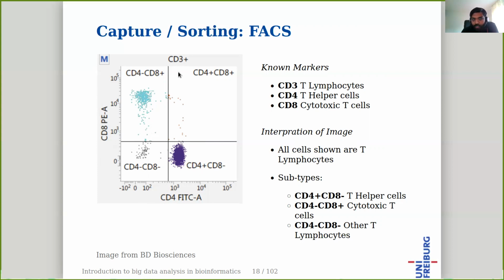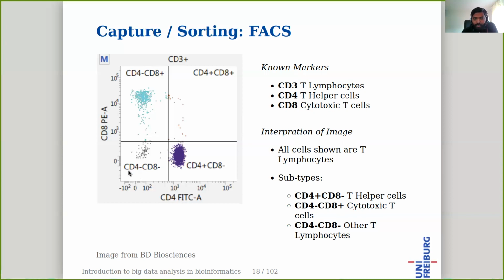In this figure, you see three distinct clusters. The cluster at the bottom right is CD4 plus and CD8 minus, which means these represent T helper cells. Here on the top, CD8 plus but CD4 minus means they are cytotoxic T cells, because the CD8 marker is active.